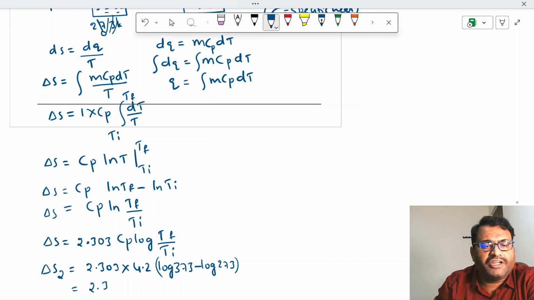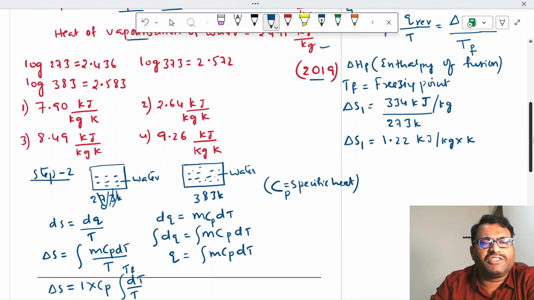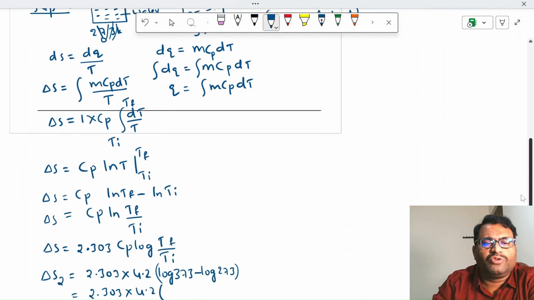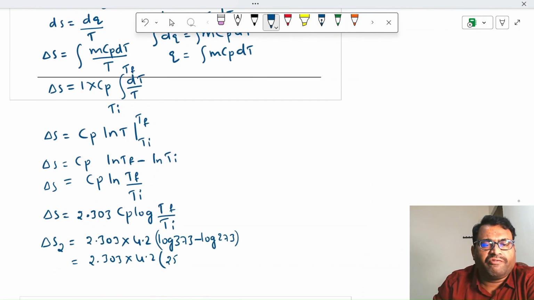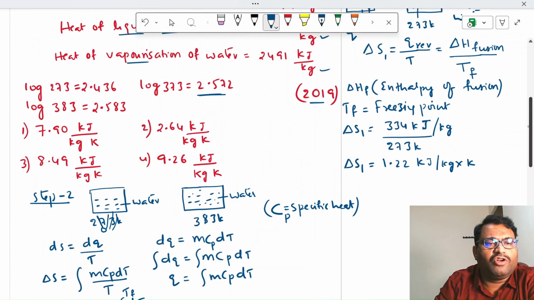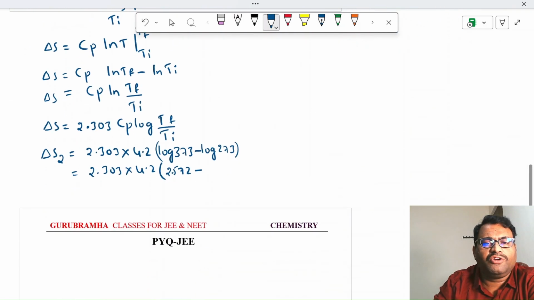So 2.303 into 4.2 into log 373, which is given as 2.572, minus log 273, which is given as 2.436.